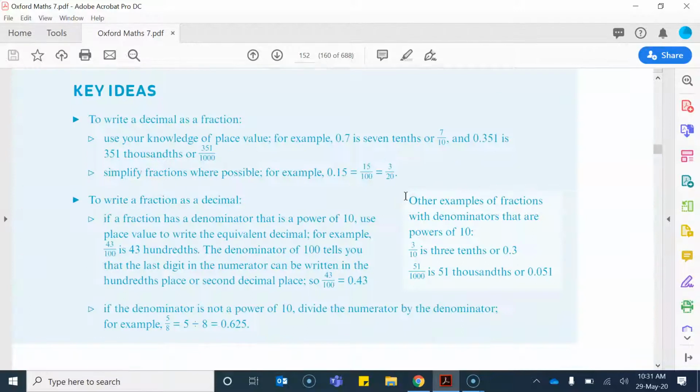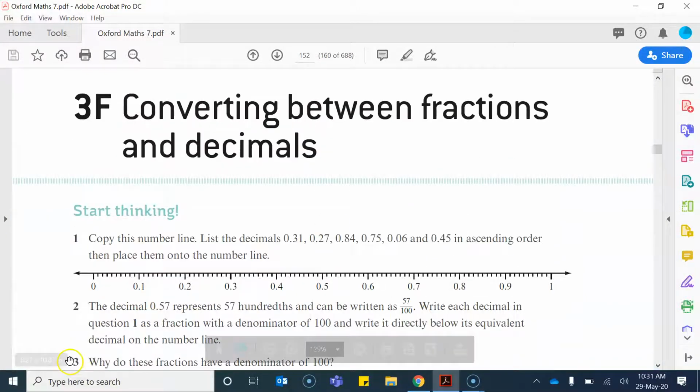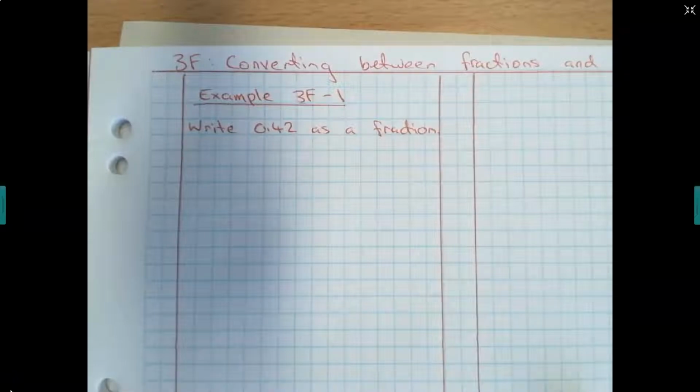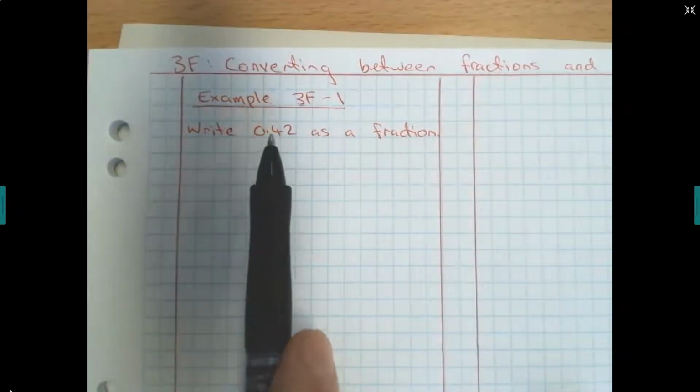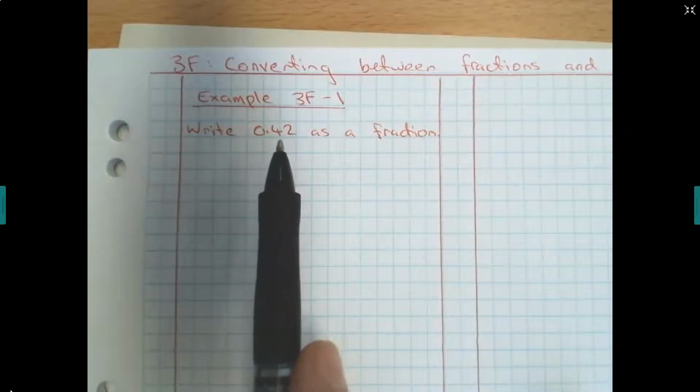Alright, so let's do a couple examples of these. So the title is just going to be 3F, converting between fractions and decimals. So we have 0.42, and we want to write it as a fraction. To do this, the first thing we have to do is to look at the number occupying the lowest place value, which is the 2.